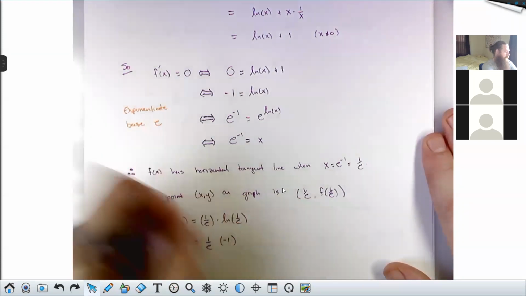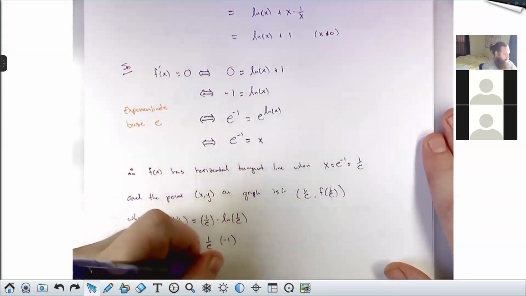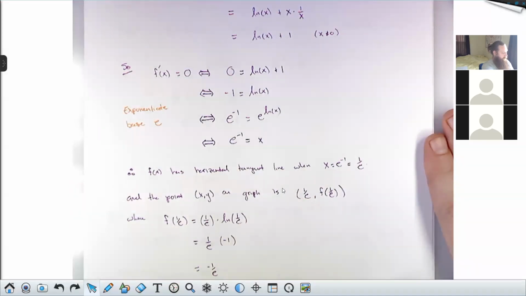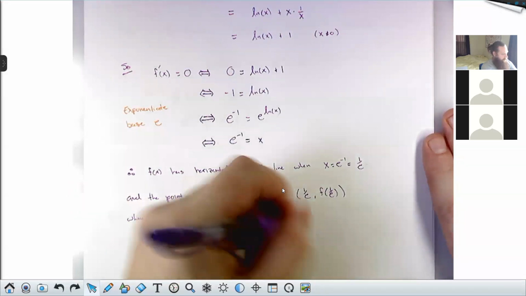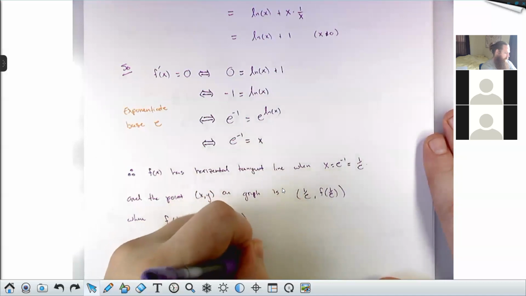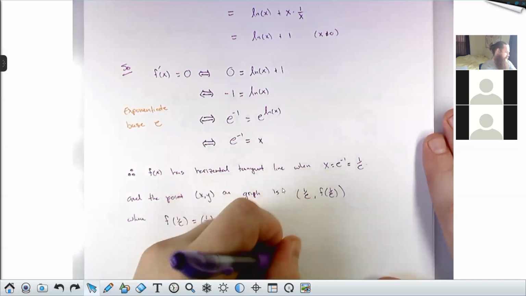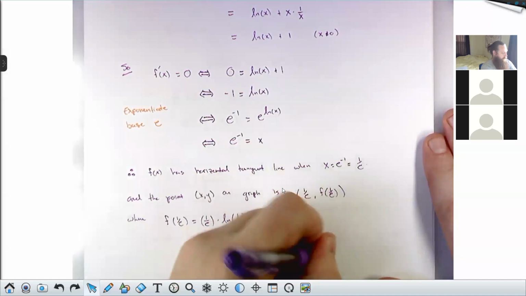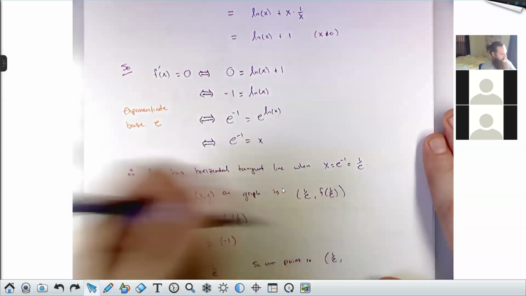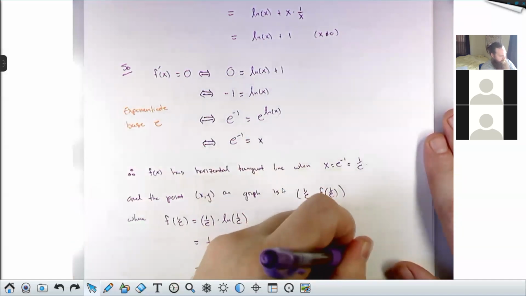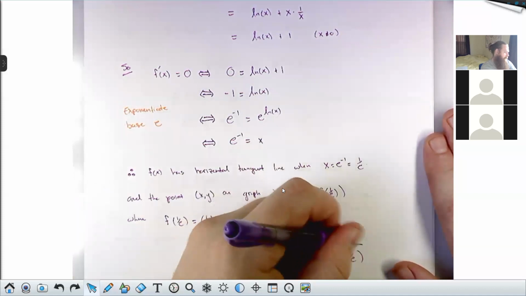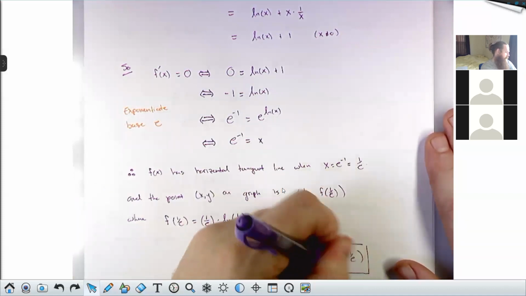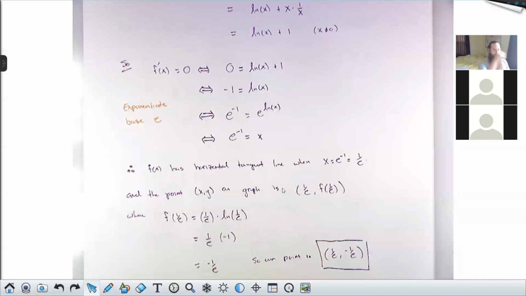Times -1, so this is -1 over e. So we plug that in here, and our point is one over e, comma, -1 over e. Just some fun stuff that you can do with these.